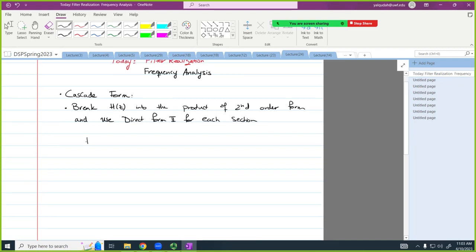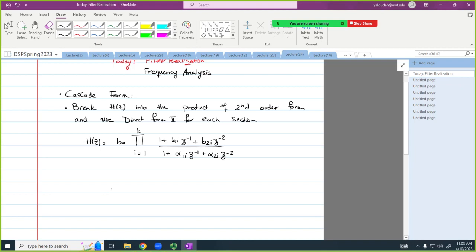So therefore, we're going to take H(z), and we're going to write H(z) as a constant multiplied by, this is the multiplication, or the product, from i equals 1 to K, of 1 plus b1i z to the negative 1, plus b2i z to the negative 2, divided by 1 plus alpha 1i z to the negative 1, plus alpha 2i z to the negative 2.